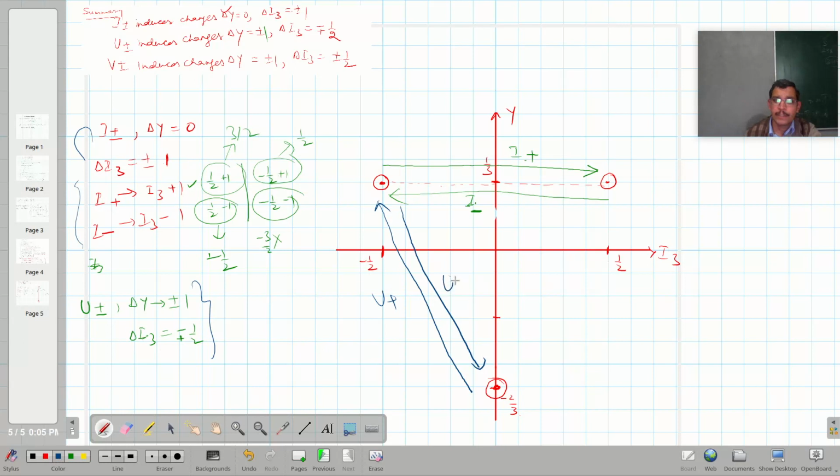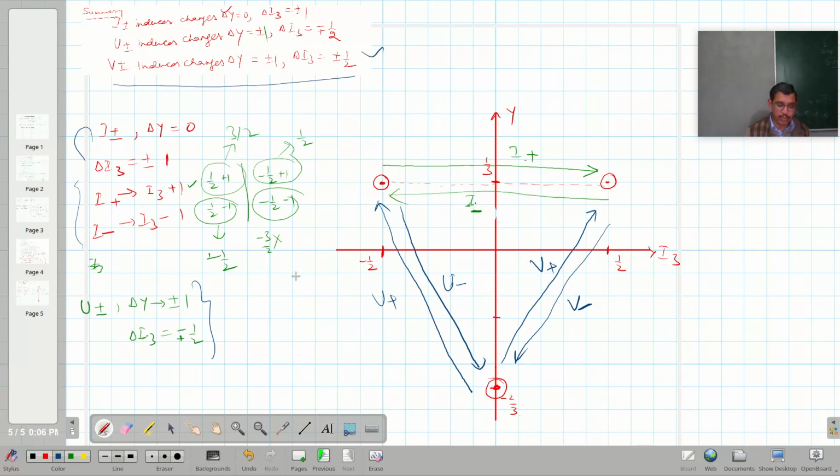It is u minus, and similarly this is for v plus, and it is for v minus, if I keep in mind this operation.